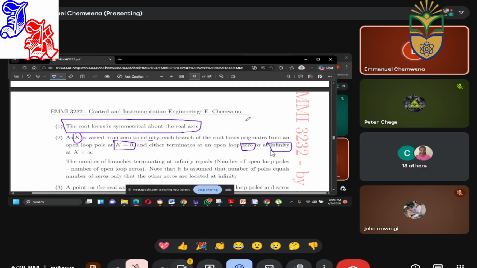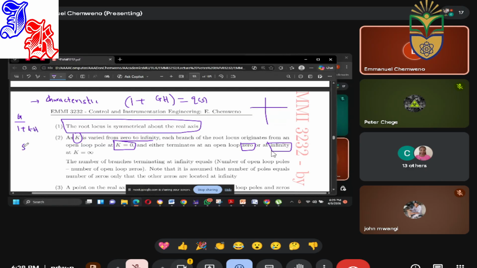So the first thing to do is, if you have your GH, 1 plus GH, the characteristic equation. Oh, this is actually a transfer function. It is G over 1 plus GH.